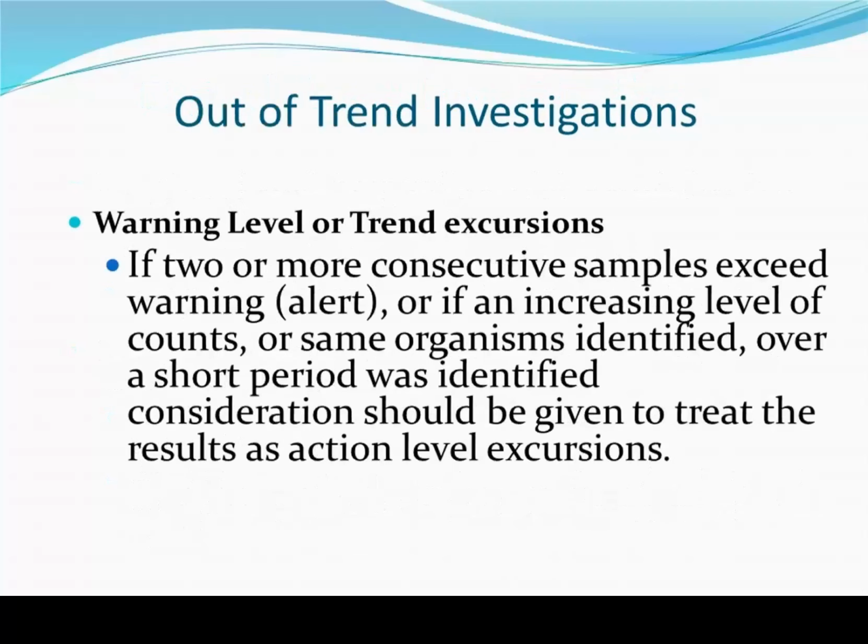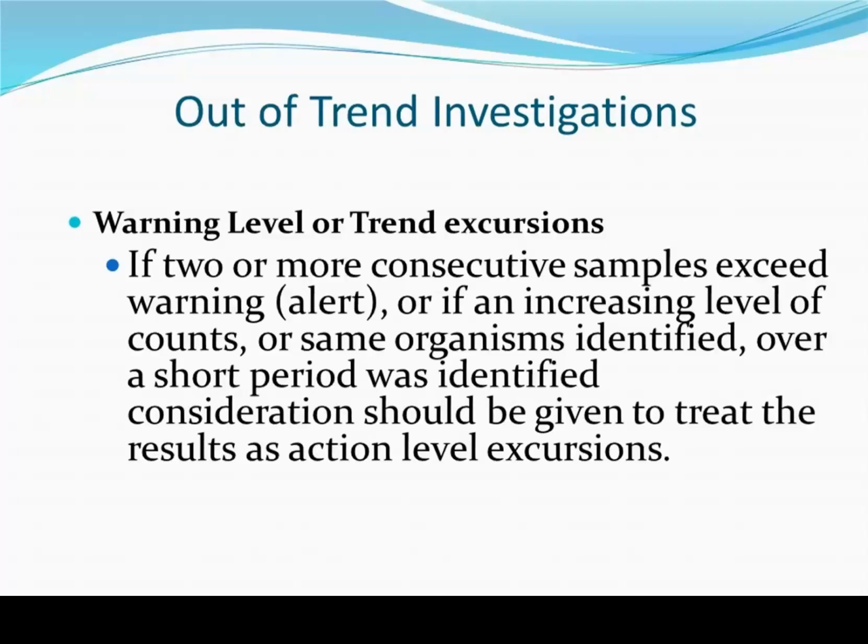And in your EM program, you may have alert levels where you have a caveat such as this: if you have 2 or more consecutive samples exceed your alert level, you're going to start an out-of-trend investigation because it's getting close to that action level. Maybe you have an increasing level of bacterial counts.